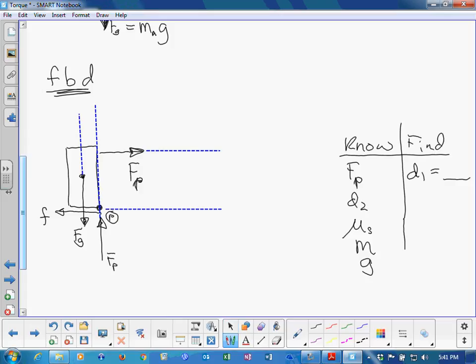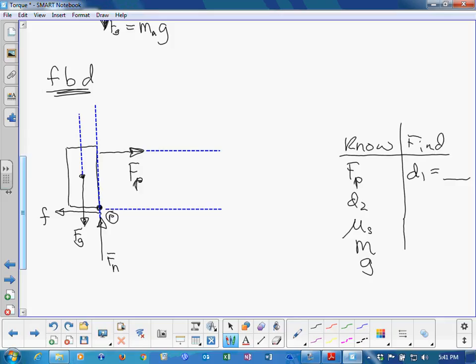This would be the normal force. The normal force would be at the point where the table is in contact with the block, which is point P, because it's tipping about that point.